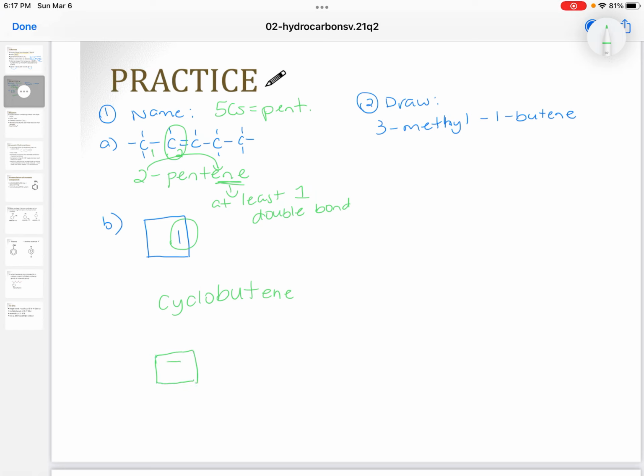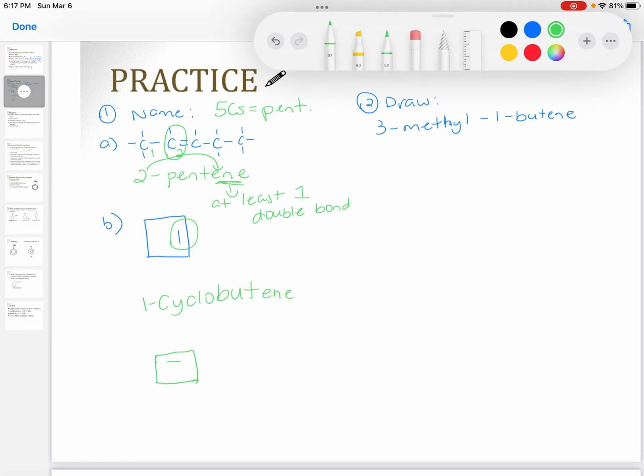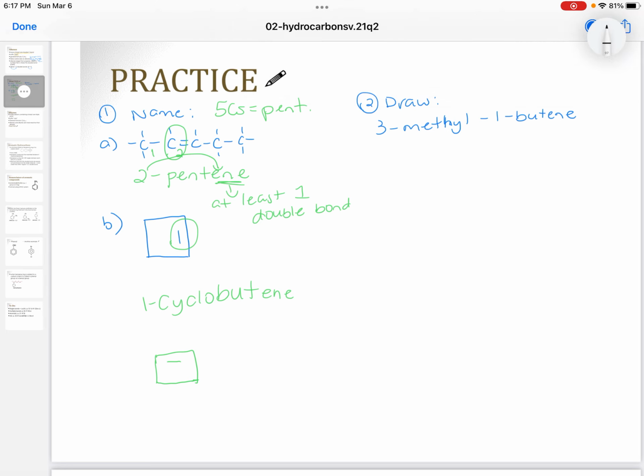So this would be cyclobutene as well, if I drew a better square. There we go. But as I said when we did rings before, if you would like to use the 1 so that they always look the same, then you could definitely do that. Okay? You will also be asked to draw.